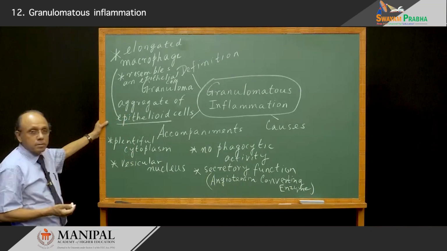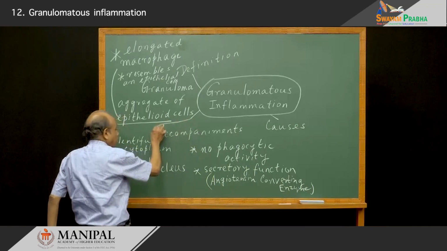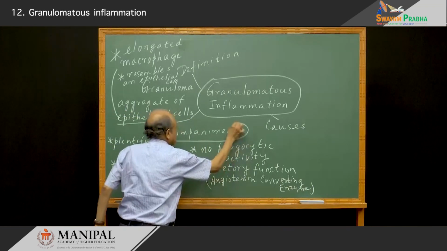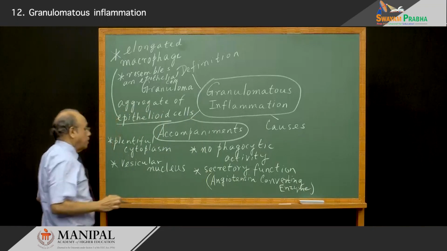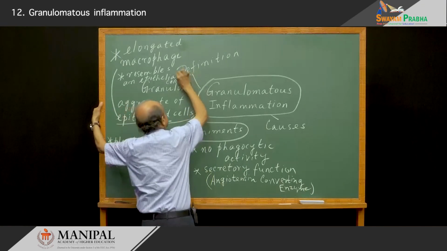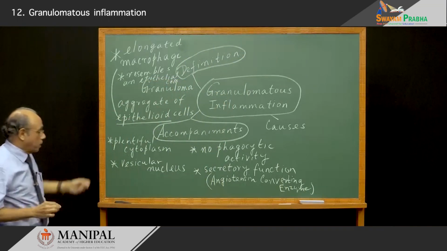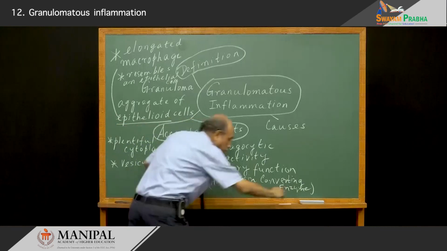Having said that, we will now go on to the accompaniments. What are the accompaniments in a granuloma? We have now seen the definition of a granuloma. What are the accompaniments of a granuloma?